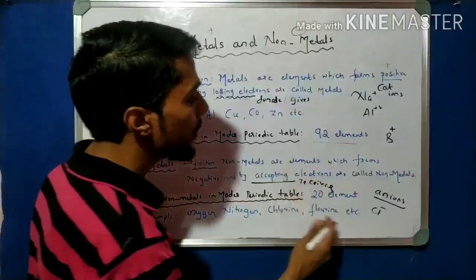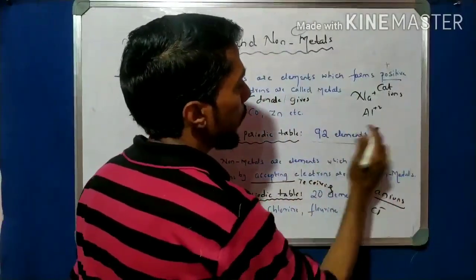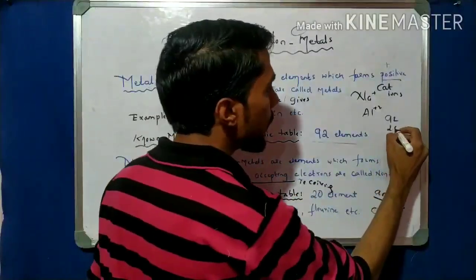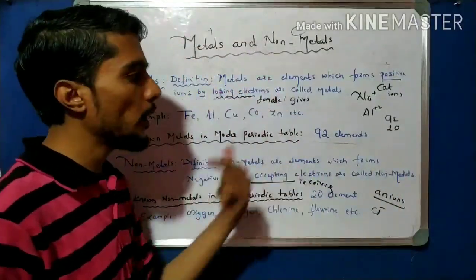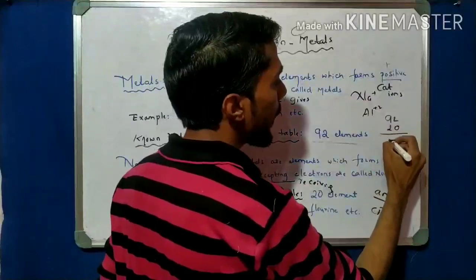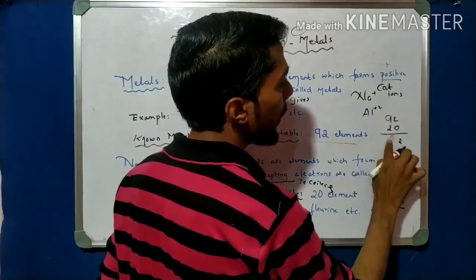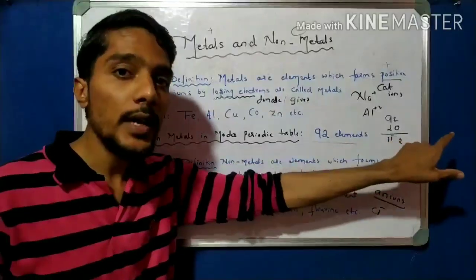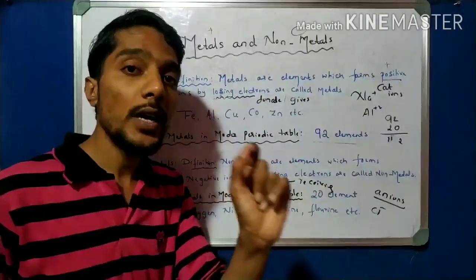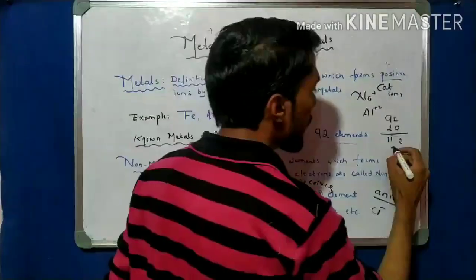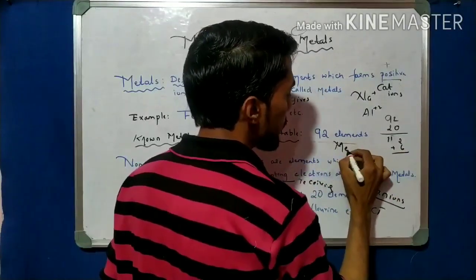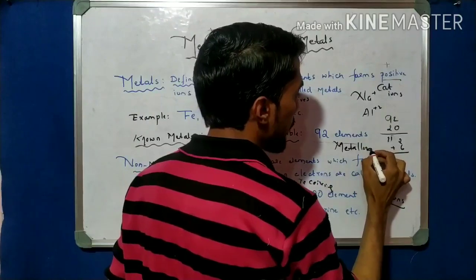Okay, so total how many elements are there? 92 metals and 20 non-metals make 112. But the total elements are 118, so plus 6 are metalloids.